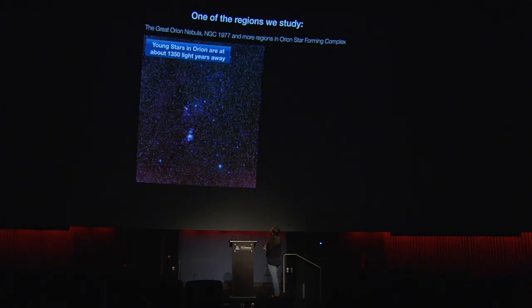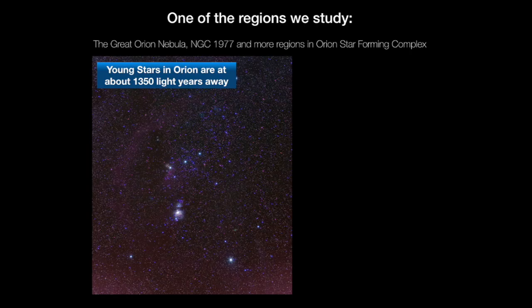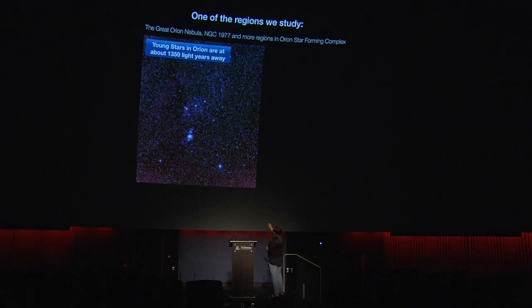Okay, so this is Orion. At some point we'll go there, but not yet. Here are the young stars in Orion. It's about 1,300 light years away. If you notice, there's a belt, and there's some fuzzy thing right here, the dagger part. That's the Great Orion Nebula, and the Running Man Nebula right here.